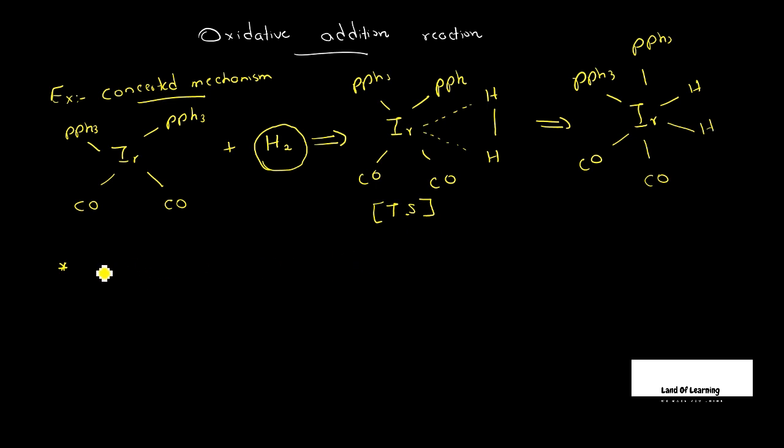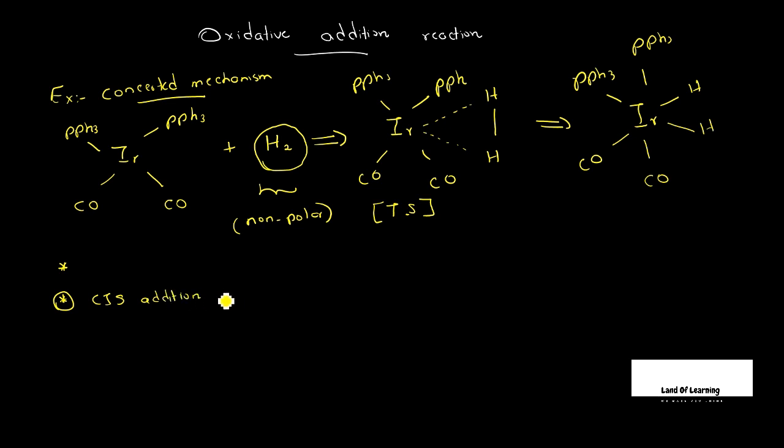So in other words, this adding molecule has to be non-polar. If the adding molecule is non-polar, you can mostly say the reaction will go through the concerted mechanism. That's the first thing. And the other thing is, always remember, cis addition will happen.